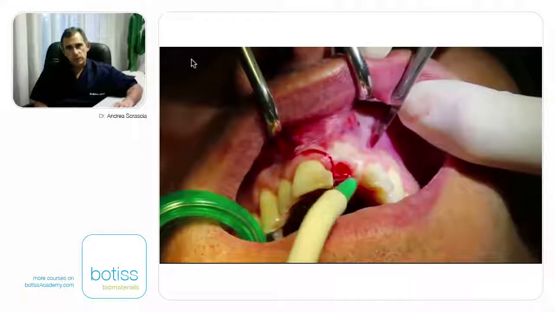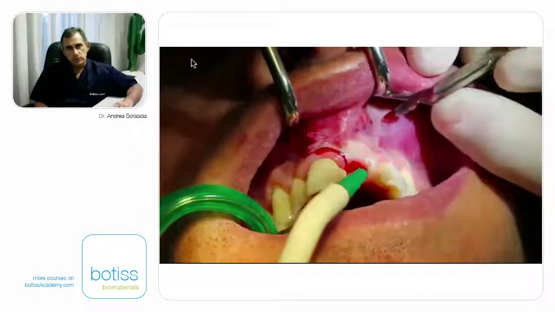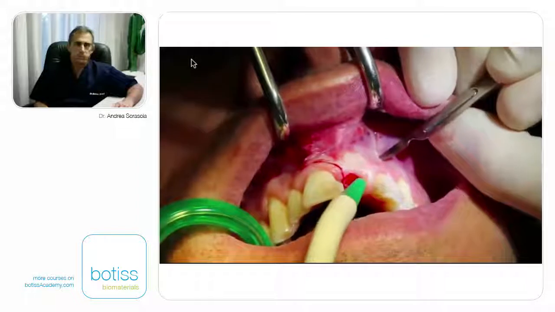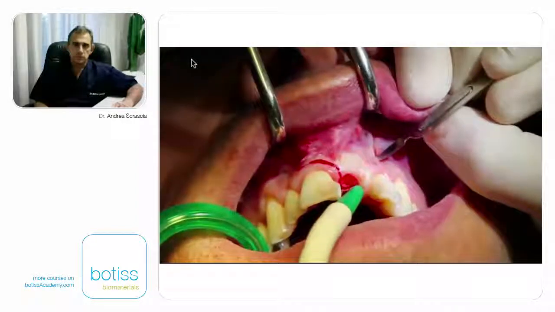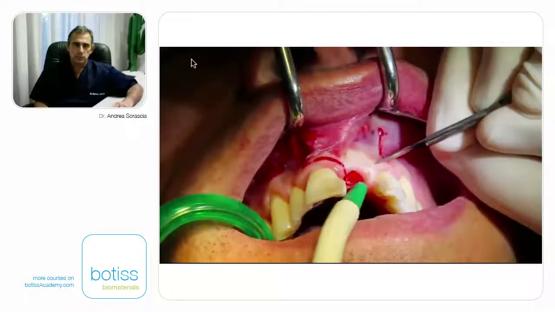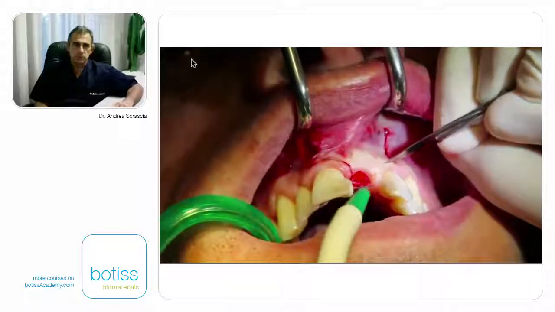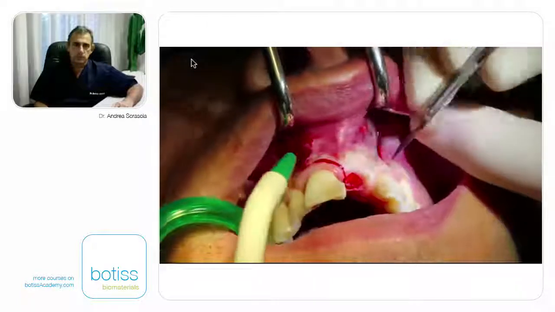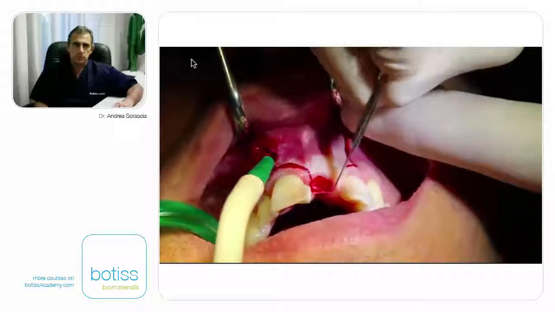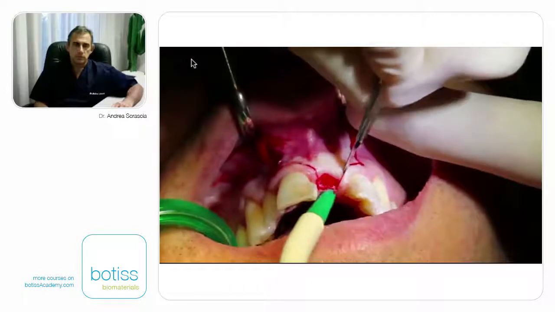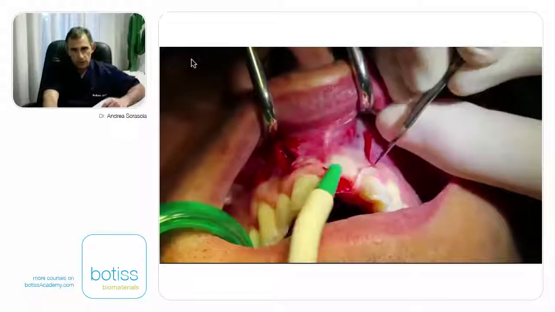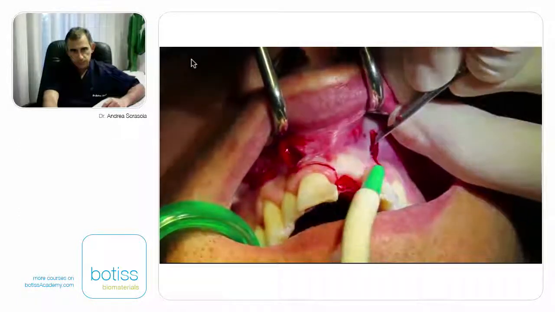Remember the holding point. And look at the thickness now.